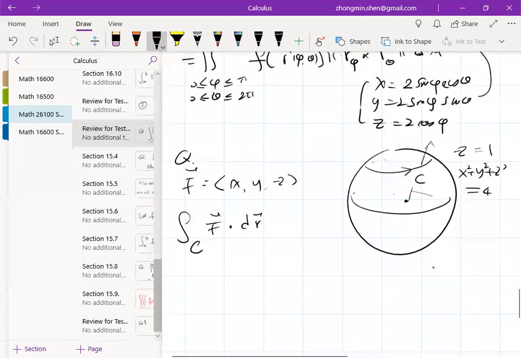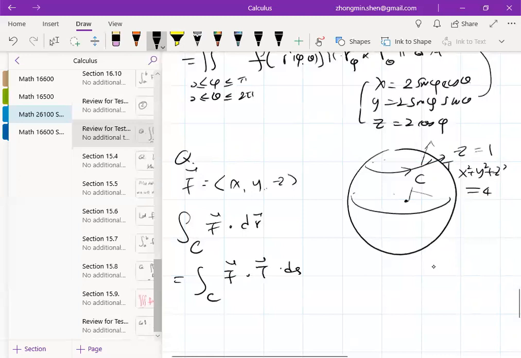If we understand this line integral, why this is F dot T ds, right? And look at the tangent vector. The tangent vector is this, and this F is a radial vector from the center going out, so F is a normal vector.